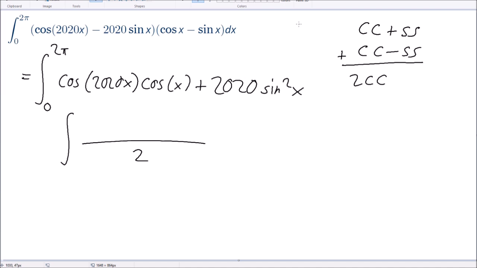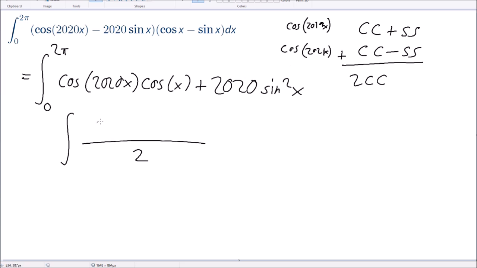So these are all cosine laws. So this would be 2019 here, and then here, because there's a minus here, this would be adding, so this would be 2021 here.